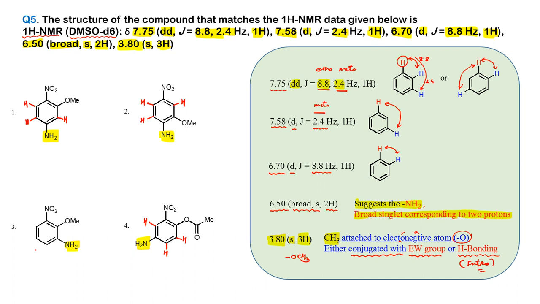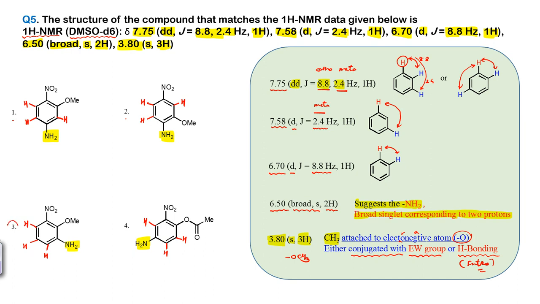The skeleton that we are getting with the help of the coupling constant will guide us as to which skeleton or skeletons match with the aromatic part, and you will see that the first, second, and third, or first, second, and fourth, show an analogous part with this.